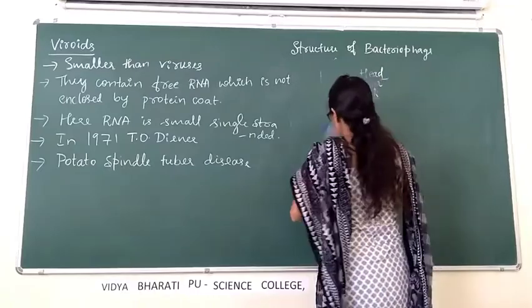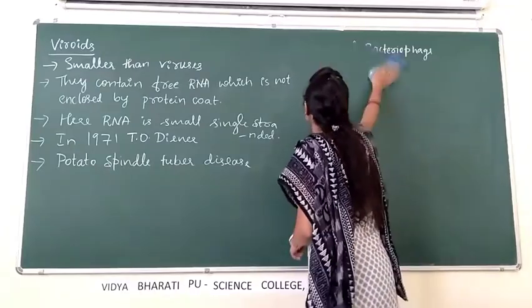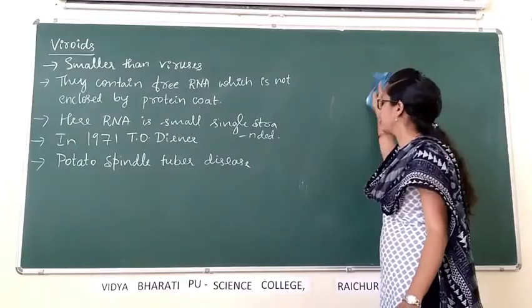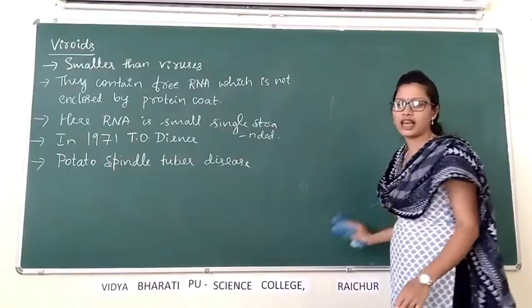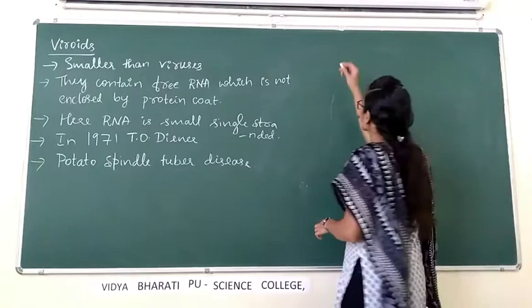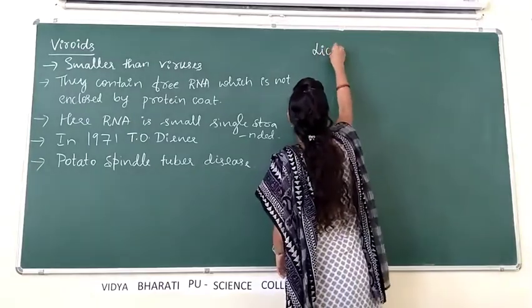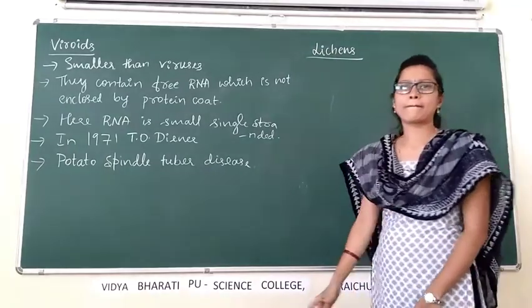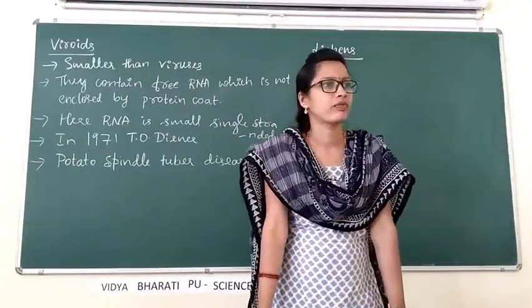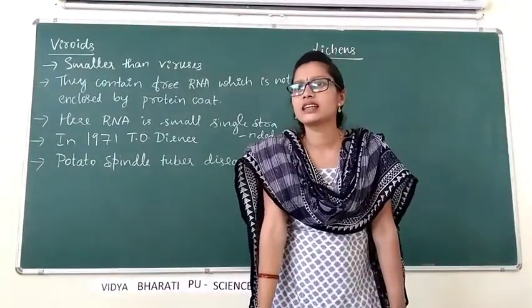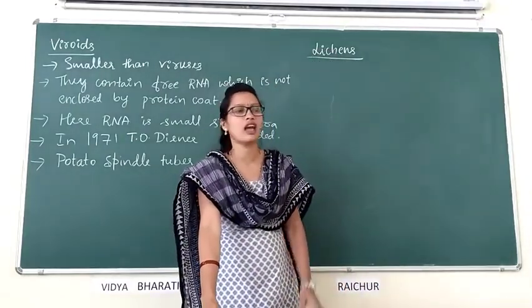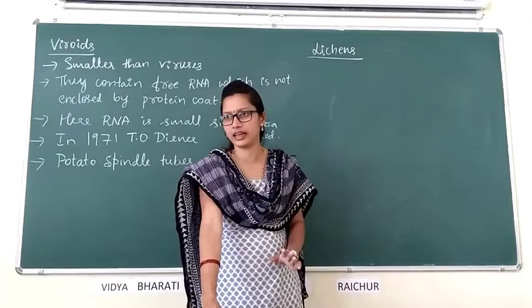The last small concept of the biological classification chapter is lichens. Lichens are the symbiotic association between algae and fungi.